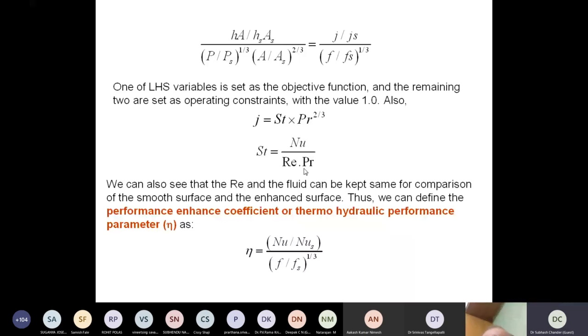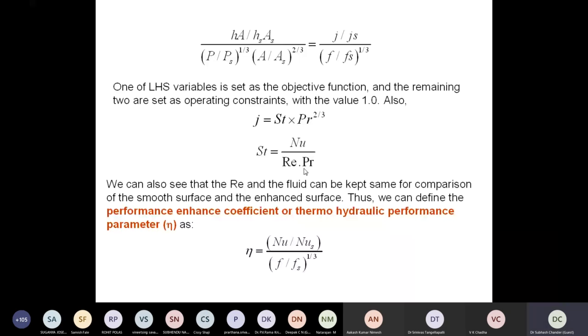So by making use of the top and the top equation, we can ultimately conclude that there is one factor we can define, which takes into consideration all aspects of the pumping power as well as the heat transfer enhancement.